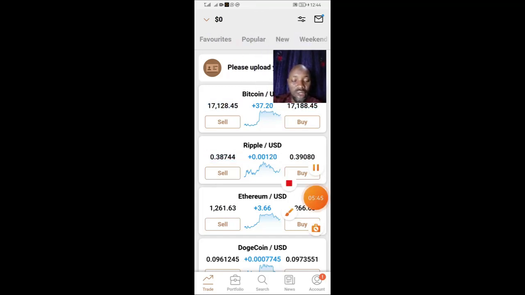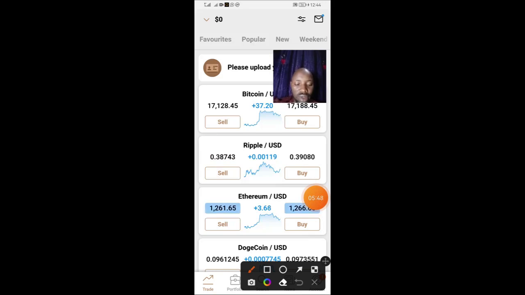Now, in the top menu, we have so many items there. Now, if you look at it here, you see on top here displays the amount of money you have at hand, just as you are in the market. Then here displays your favorite commodity.